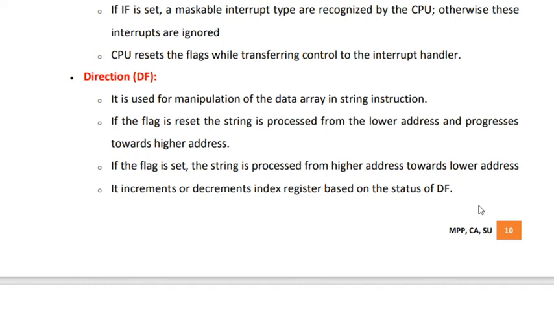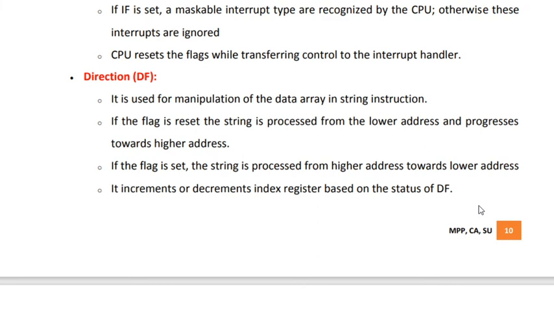Likewise, direction flag. Direction flag is used for manipulation of data array in string instruction. If this particular flag is reset, the string is processed from lower address to higher order address.